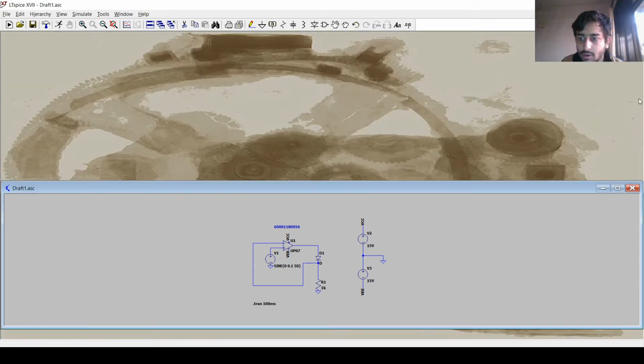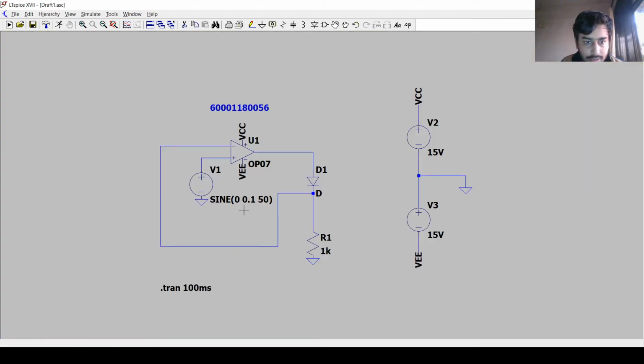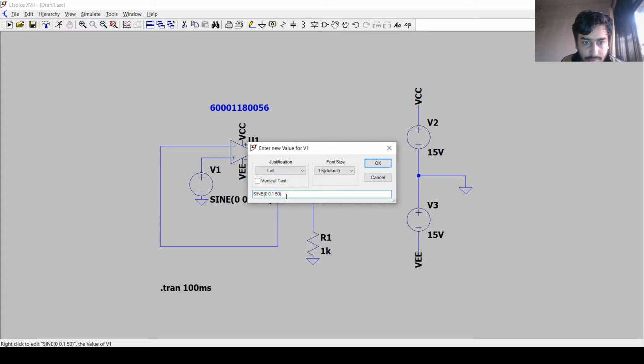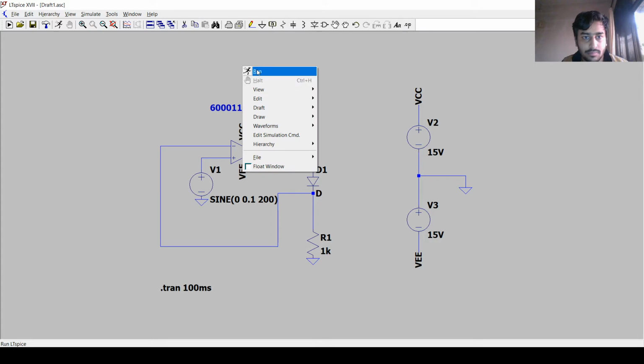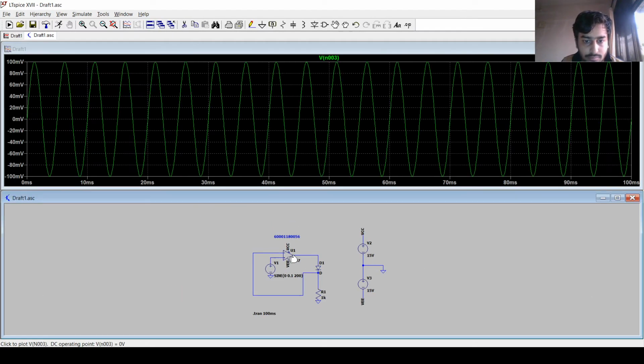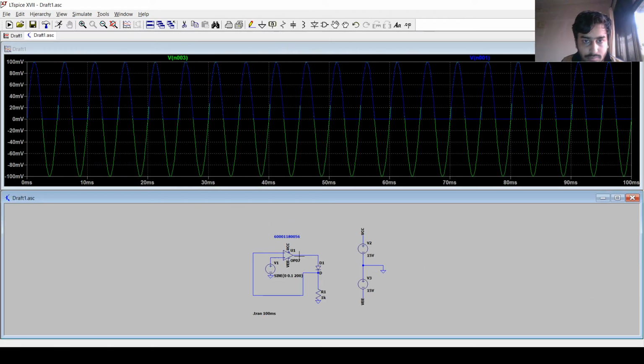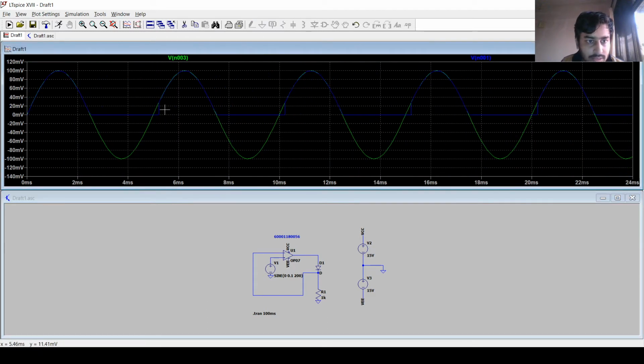Now let's see for 200 hertz. As you can see, there is a little bit of distortion over here for 200 hertz.